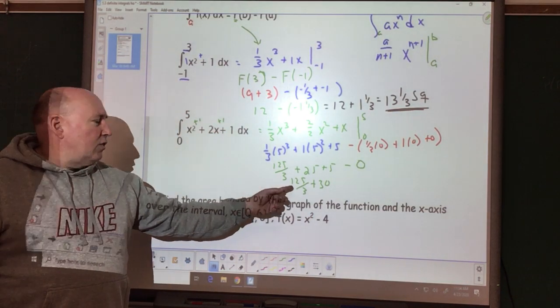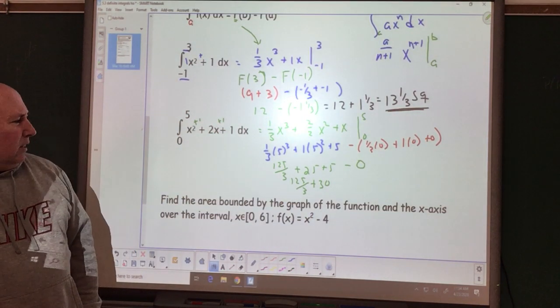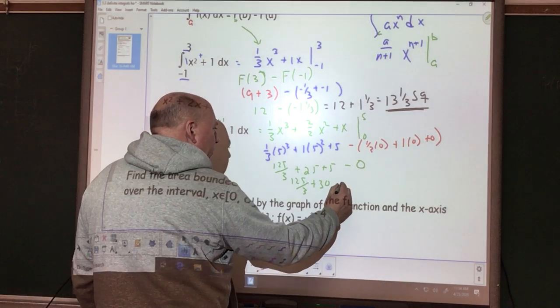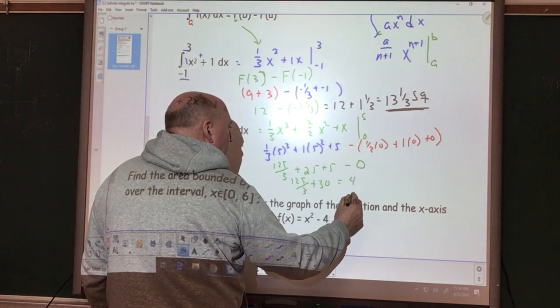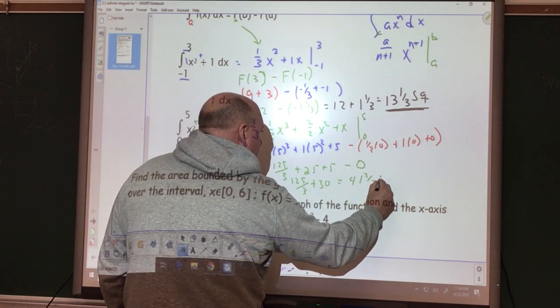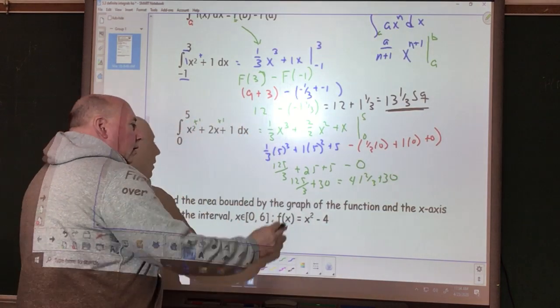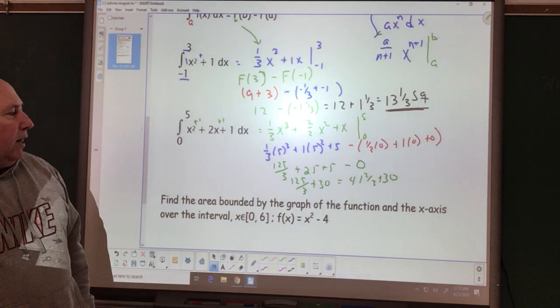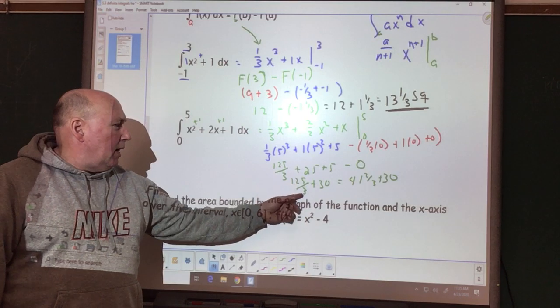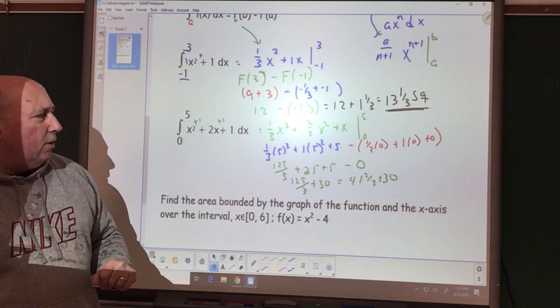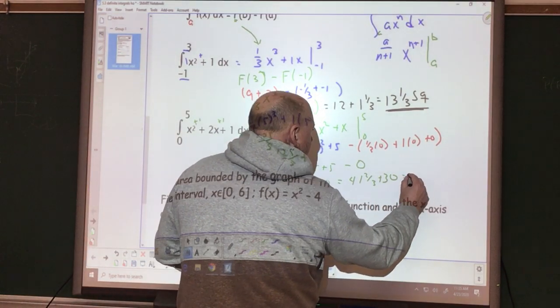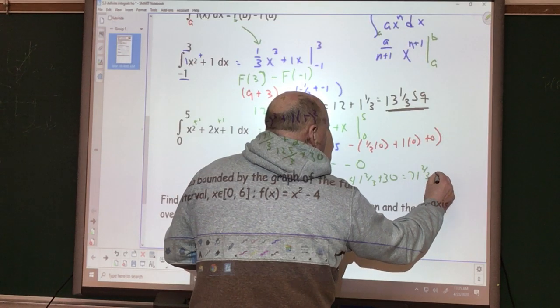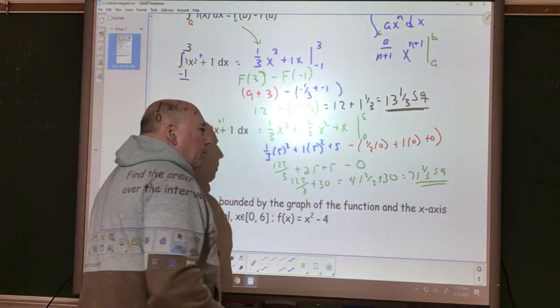So if I find this value, this comes down to, oh, this is 41 2/3 plus 30. If I take 125 over 3, it goes in 41 times with 2 left over. So we get 71 2/3 squares.